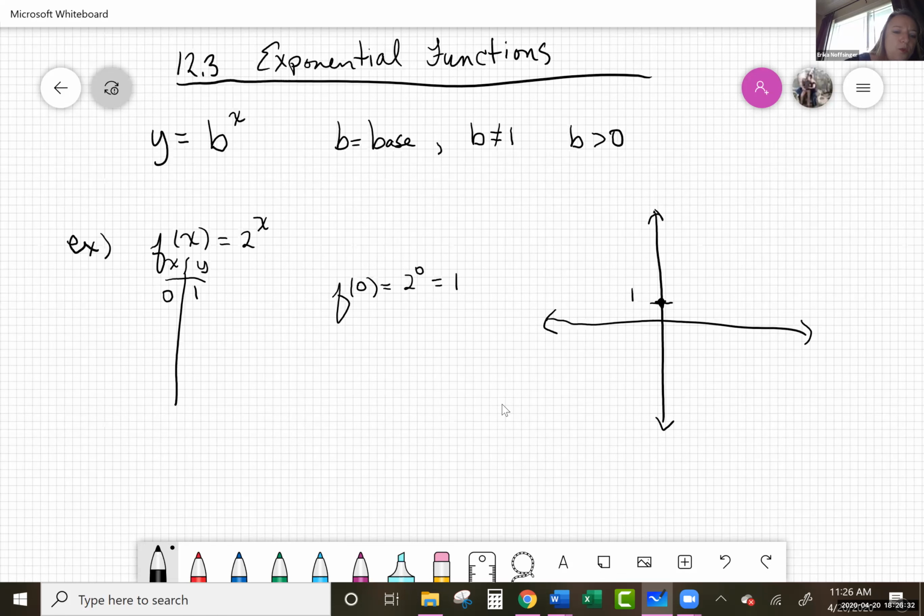So if we plugged in 1 for x, f of 1, you're just plugging in 1 wherever you see an x. You get 2 to the first power, which is 2. So when x is 1, I get a y value which is 2. If I plug in 2, so f of 2, this is equal to 2 squared, which is 4. So if I go over 2, I'm going to go up 4.